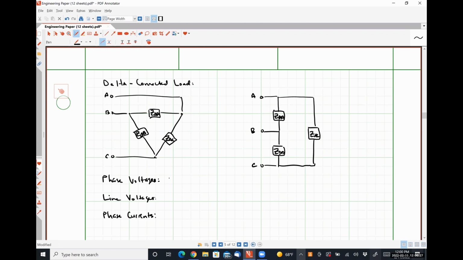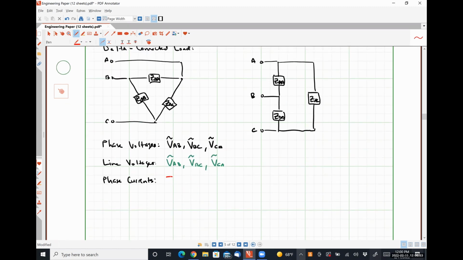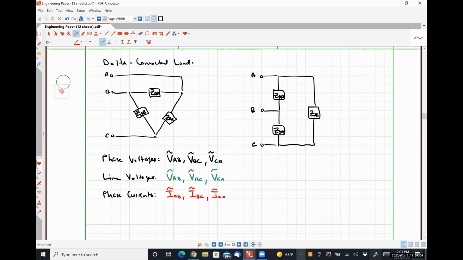So that means we're going to have phase voltages of VAB, VBC, VCA, line voltages of VAB, VBC, and VCA, and finally phase currents of IAB, IBC, and ICA. And I'll take a moment here to illustrate those.